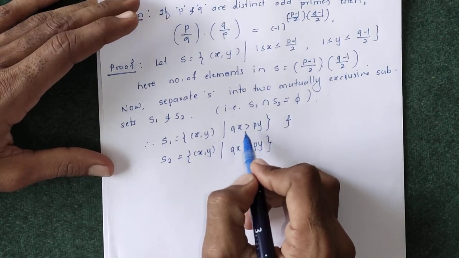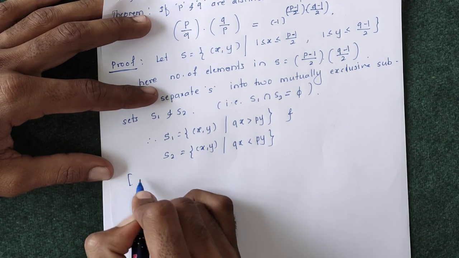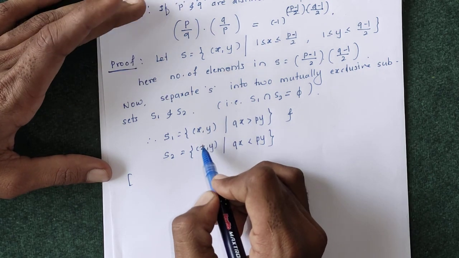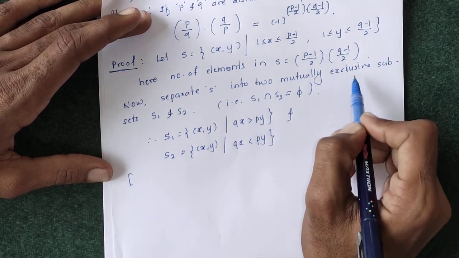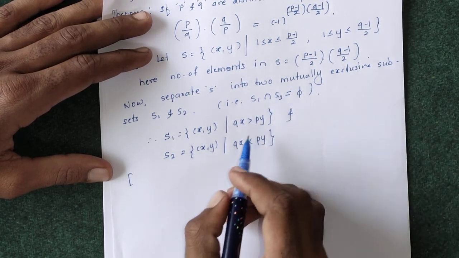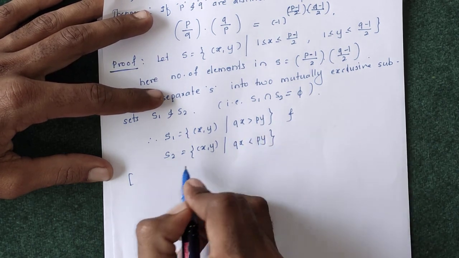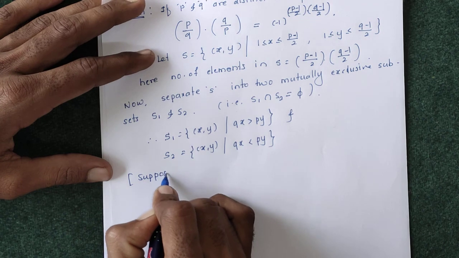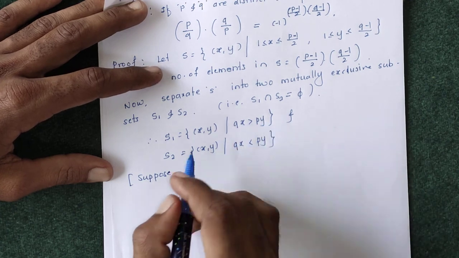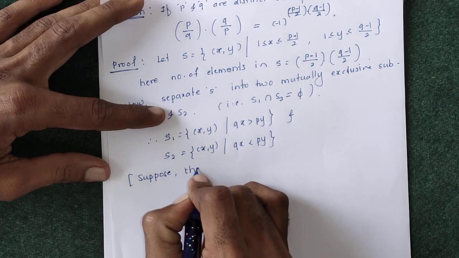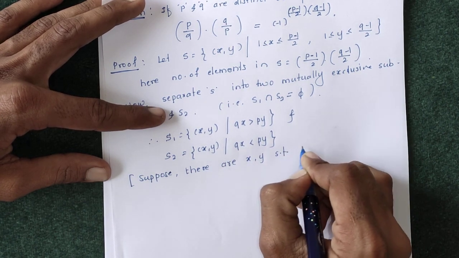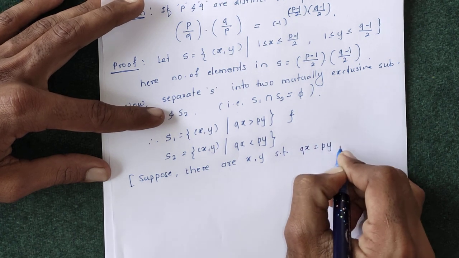Here Qx equal to Py is not possible. If Qx were equal to Py, then that element would occur in both sets, they would not be mutually exclusive, and their intersection would be non-empty. So suppose there are some x and y such that Qx is equal to Py.